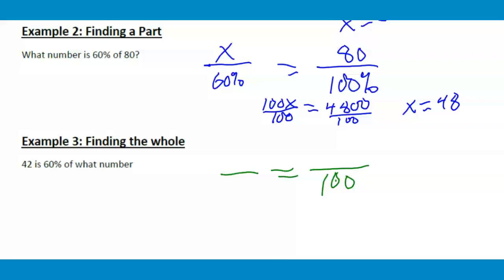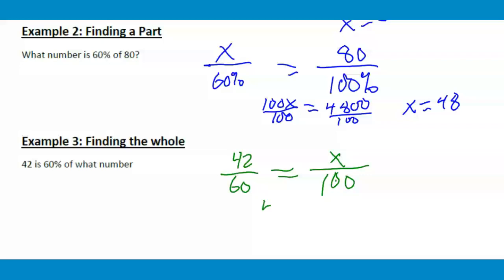So since I know 100 is all of the percent, I want to look for all of the number. 42 is 60% of a number, so of the whole number, and I don't know that, so what goes here is X. On the bottom is going to be part of the percent. Well, 60 is part of the percent. And then on top is going to go my 42 because that's part of the number. So part of the number over part of the percent, all of the number over all of the percent.